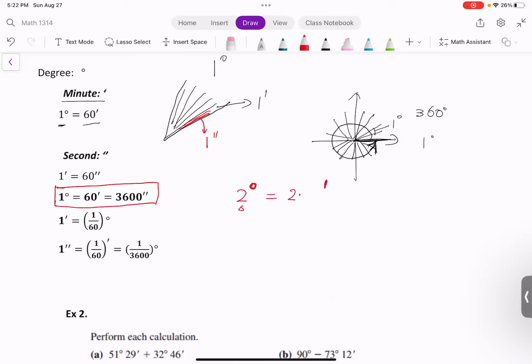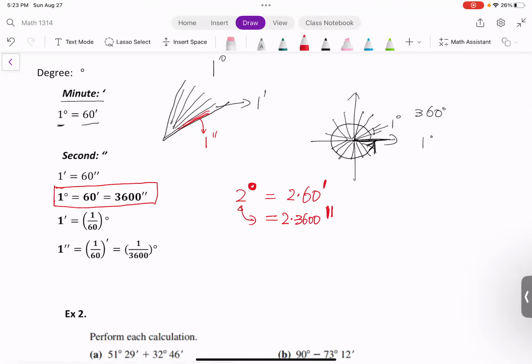So 2 times 60 minutes. If I continue to convert this to seconds, from the big unit to the small unit, I need to multiply by 3600.